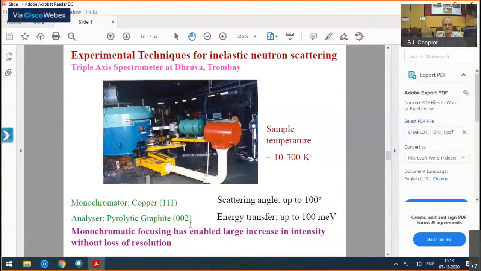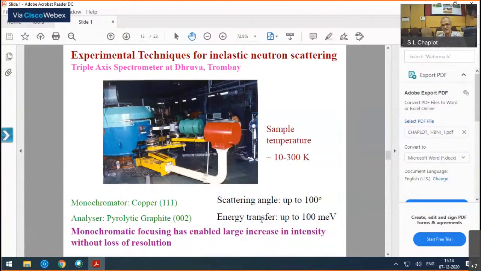Now these have been selected so that one can work with energy transfers of up to about 100 millielectron volts, and the resolution is of the order of 10 to 20%. So you get a resolution of, I would say, 10 millielectron volts or better sometimes.